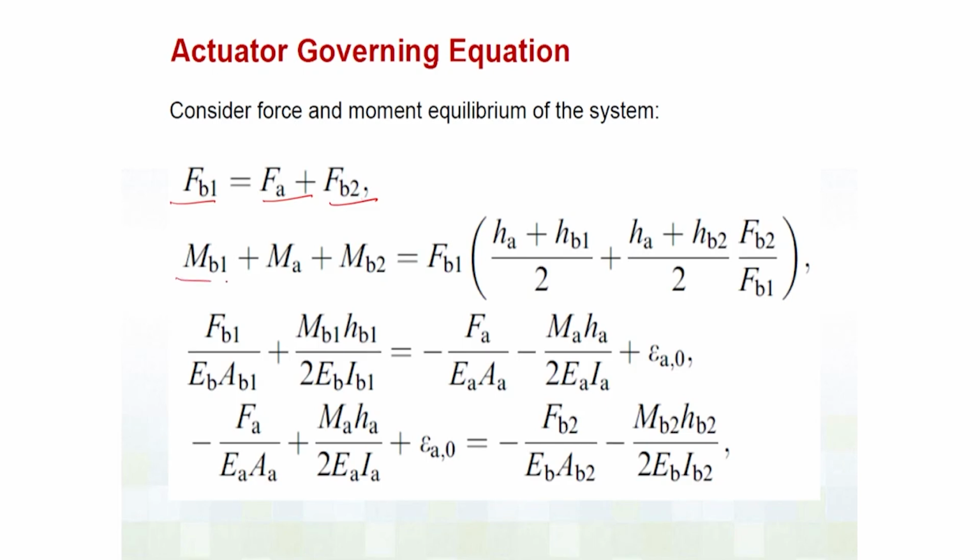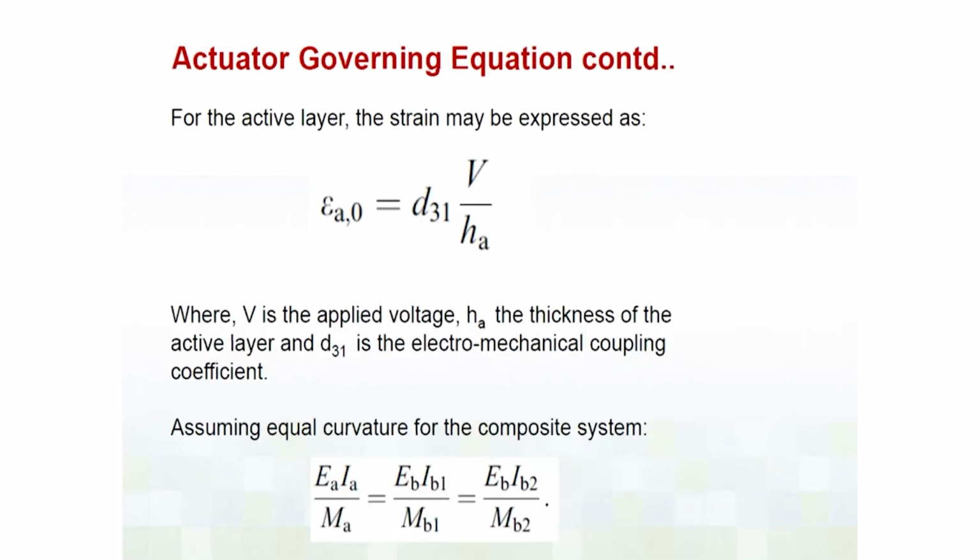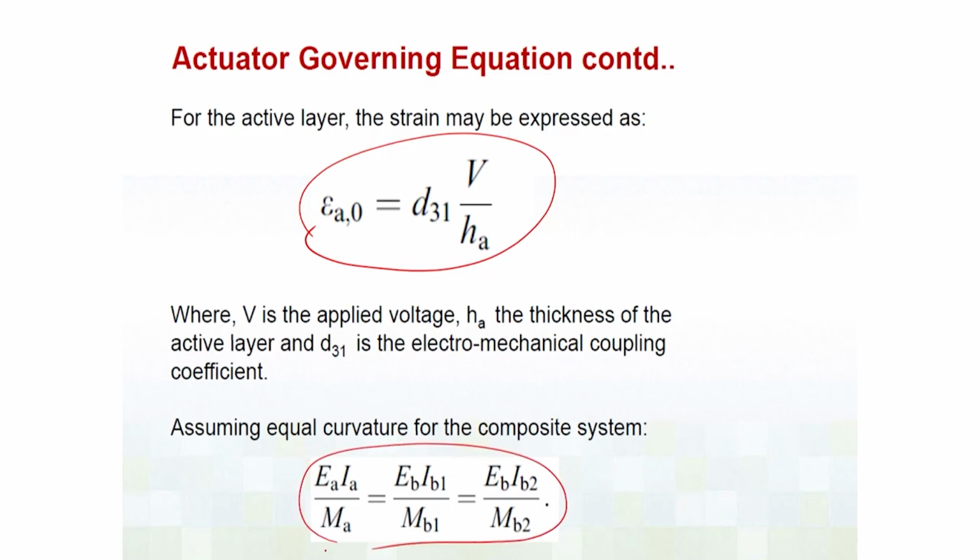You can sum up all the moments together, and then you get the two governing relationships of the system. That gives the actuator governing equation, and the active force can be calculated first from the active strain. Then if you assume an equal curvature of the composite system, you can compare their EI over M.